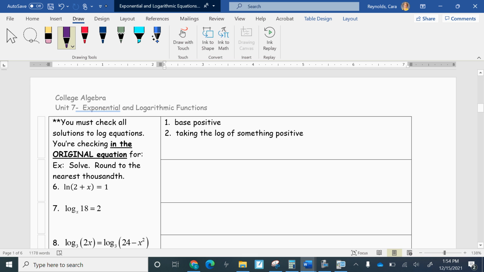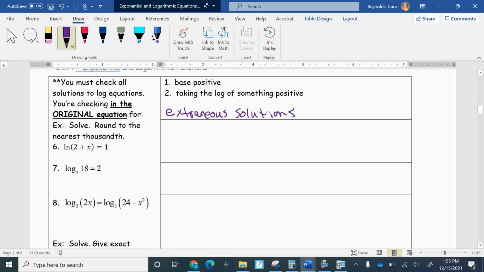You must check all solutions to log equations because you can have extraneous solutions. So make sure you're always looking for extraneous solutions. Make sure your base is positive and you're taking the log of something positive when you plug that in.